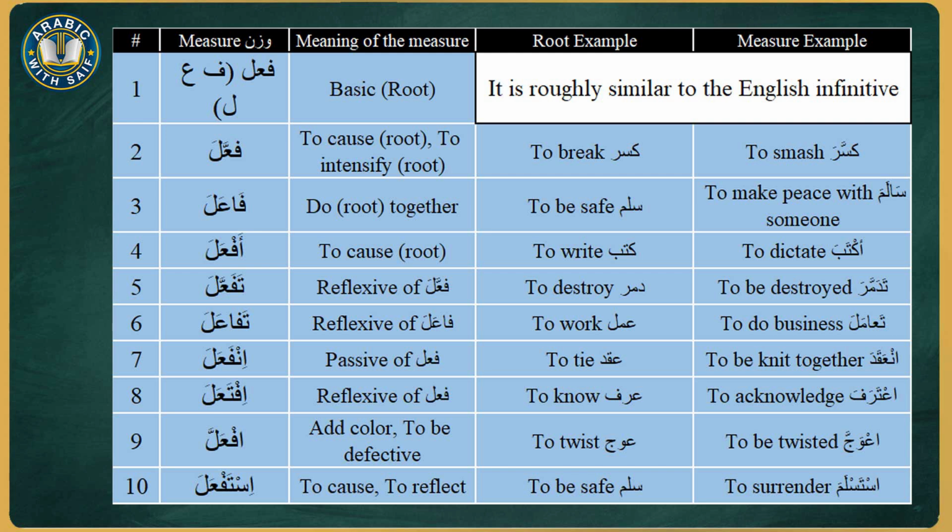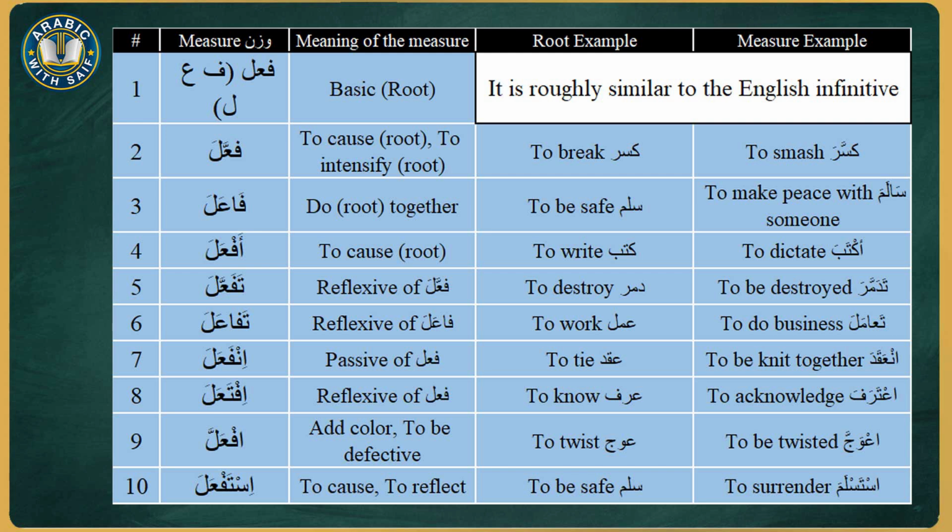Number 9, the measure افعل means to add color or to be defective. Example, the root عوج means to twist. On the measure of افعل, اعوج means to be twisted.